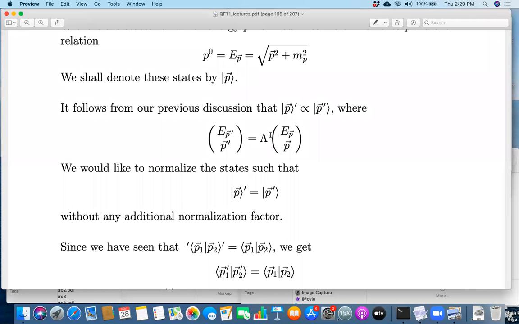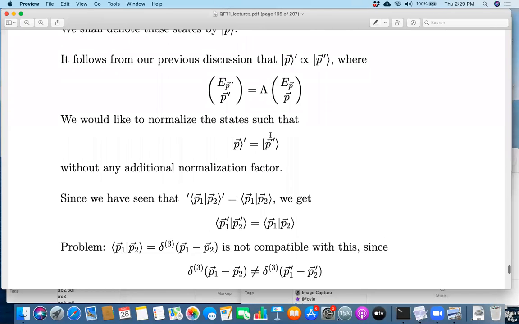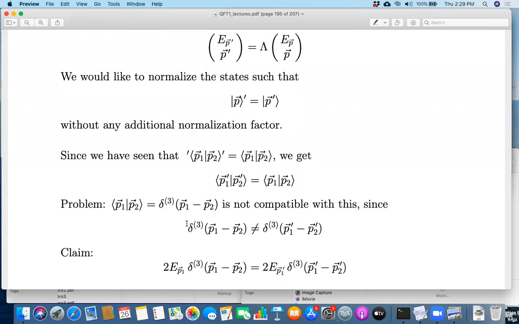If you just pick the 3 by 3 matrix that acts on the space coordinates, that has no reason to have determinant 1. Indeed, in general it doesn't, except for the rotation generators, which of course act only on the lower 3 by 3 block. For a general Lorentz transformation, the lower 3 by 3 block doesn't have determinant 1. Because of this, we know that this relation is not true.